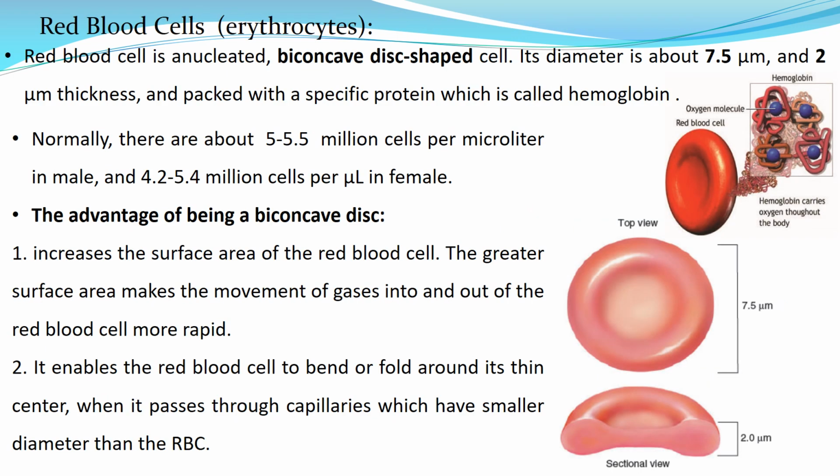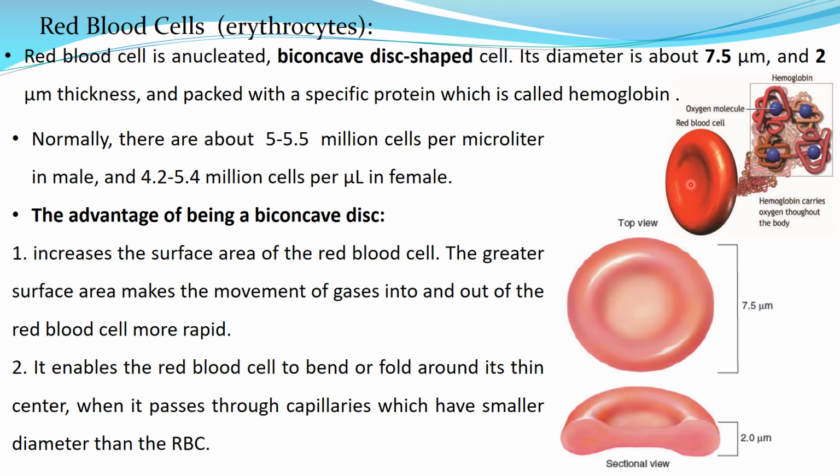So what are the red blood cells? The red blood cells are enucleated, which means they don't have a nucleus. They are biconcave disc-shaped cells, so they are compressed from both sides.